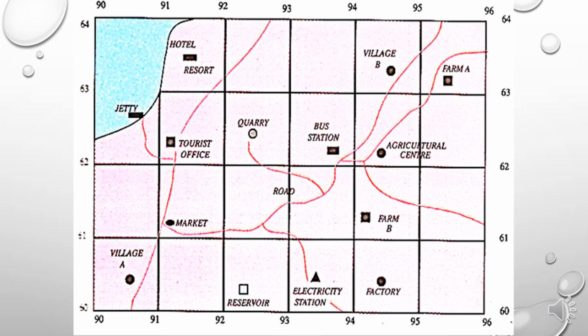Okay, what is the bearing of the tourist office from the reservoir? Having distinguished between the point of observation, which is our tourist office, and the point for which we want to get the bearing, which is the reservoir, we then draw a straight line through the tourist office. Then we draw a straight line from the tourist office to the reservoir.